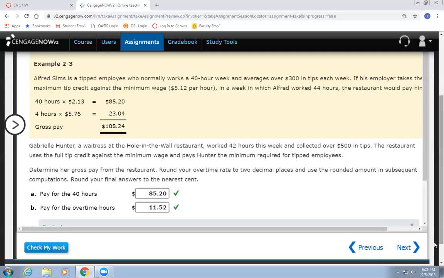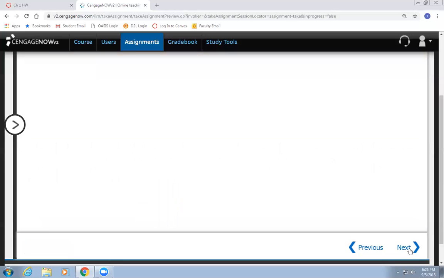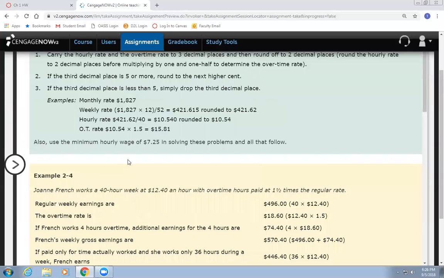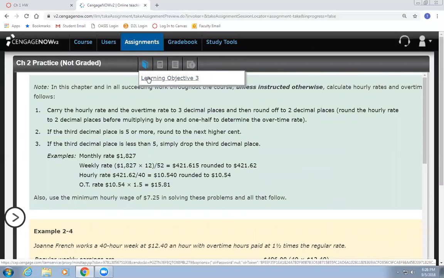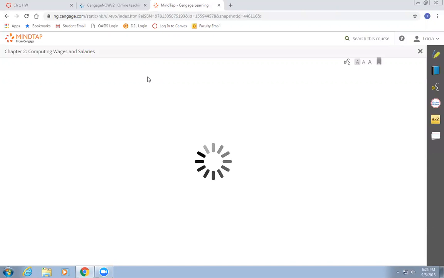All right. I'm going to go on to next. Oh, and one thing I did want to point out while we're in here, at any time when you're working on the homework, if you notice there's little buttons along the top. I think I might have pointed these out before, I don't remember. But you can get to the ebook and it'll bring up the learning objective. If I click that, it opens it in a new tab, and it's the learning objective tied to this exercise.